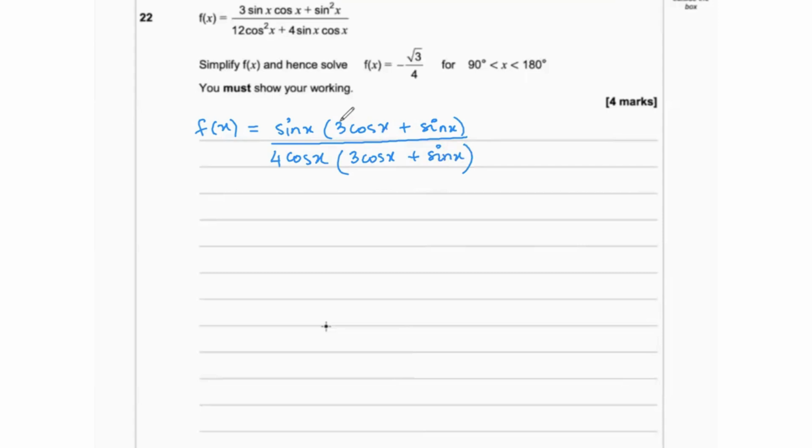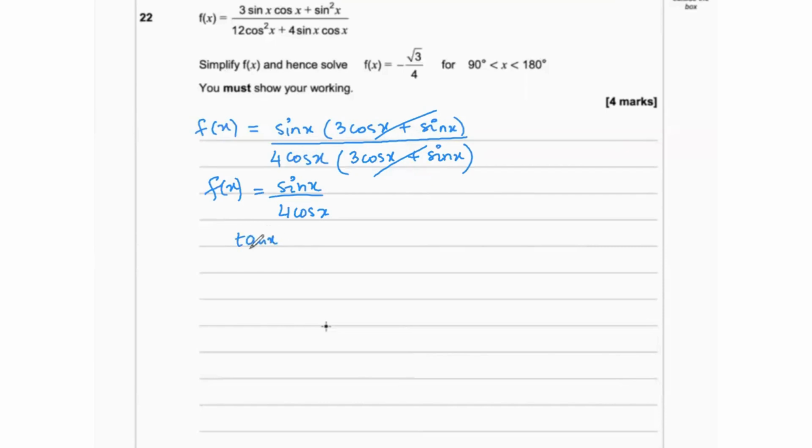Now we can clearly see that there's a 3 cos x plus sine x present in the numerator and denominator, which we can easily cancel out. And that leaves us with sine x over 4 cos x. And we're done with half of the question at this point without even doing an extra step. Now f of x is equal to this, which means sine x over cos x we know is tan x.